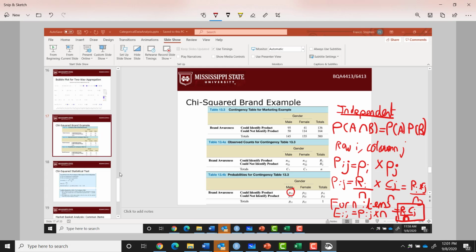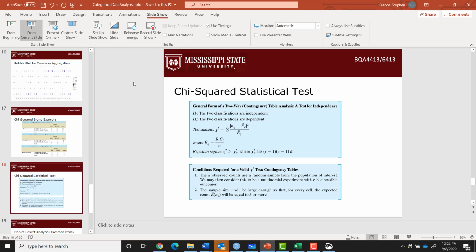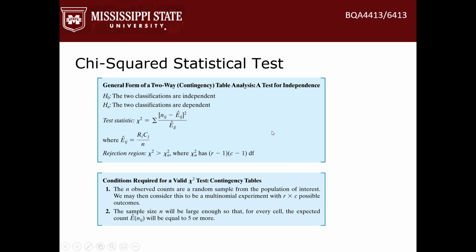So let's go to the slide, the chi-squared test slide. This is our chi-squared test. Our null hypothesis is that you can either say independent or they are not associated. And the alternative hypothesis is they're dependent or they are associated.